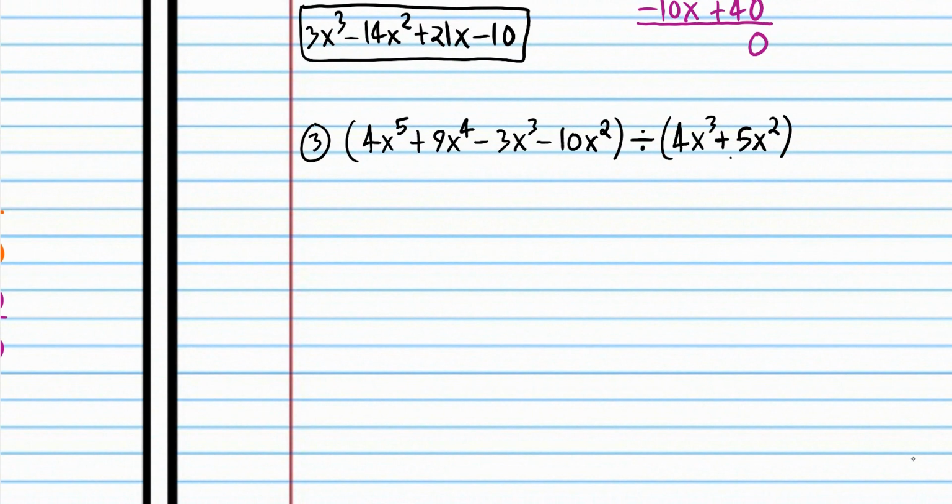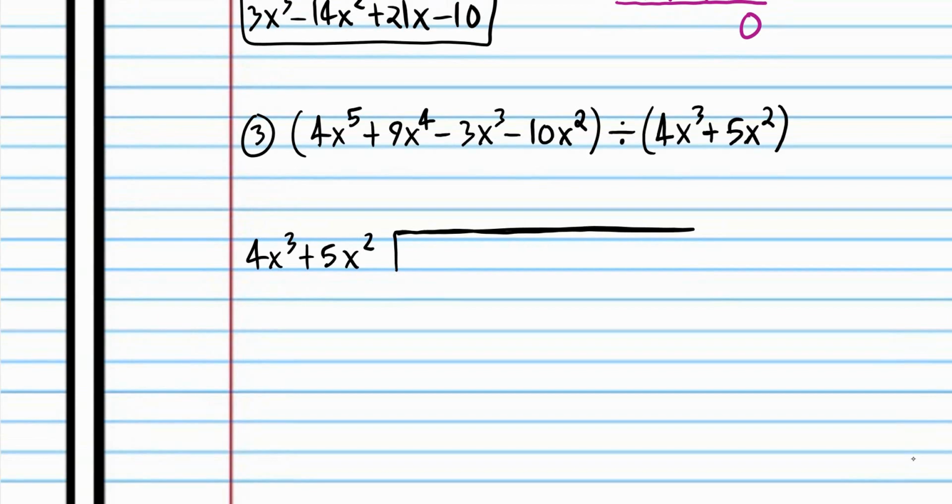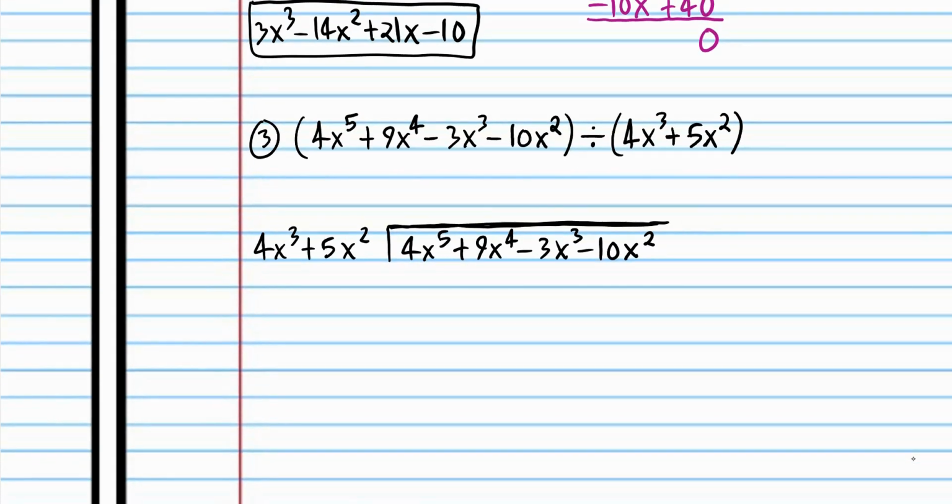Again, we need to first write the divisor at the very far left and make sure your divisor is far enough to the left so that we have enough room. And then we write this little L-shaped turned over, and we write the dividend inside. And we need to check to make sure that we wrote all those terms correctly.